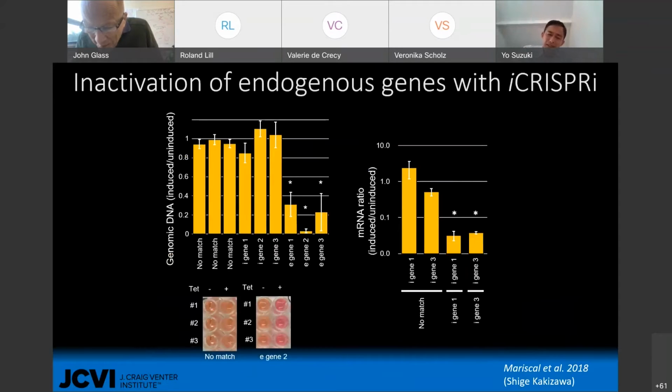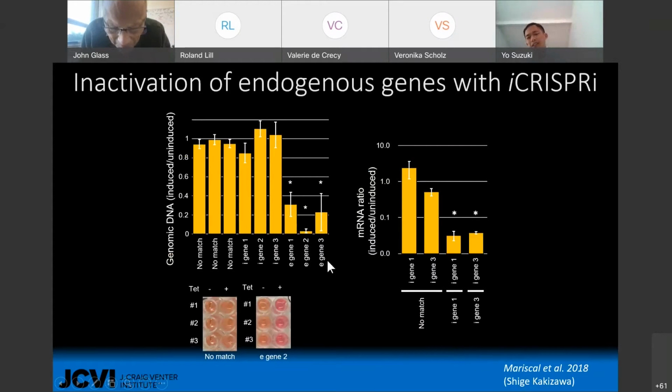And it's not just that M-Cherry can be targeted. We can target endogenous genes as well. Here we selected 3 quasi-essential genes and 3 essential genes, and found that CRISPRi reduced growth for essential genes.